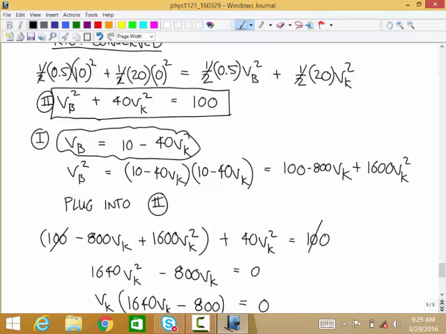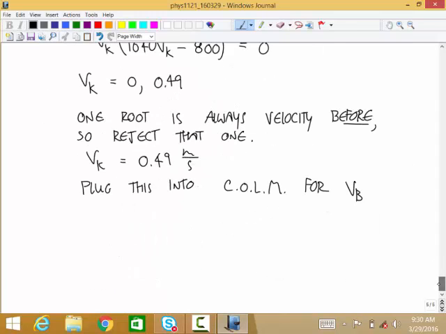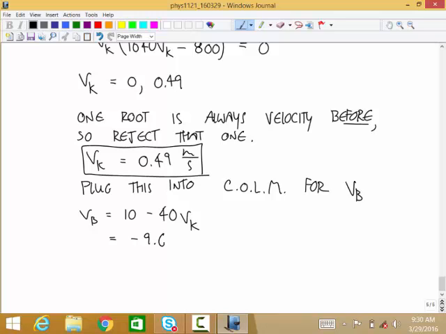So VB is equal to 10 minus 40 VK. What's 10 minus 40 VK? Negative 9.6 meters per second. So the ball came in with a positive velocity of 10, and it bounced back almost as fast as it left. It lost a little bit of velocity that it gave to the person on the skateboard.